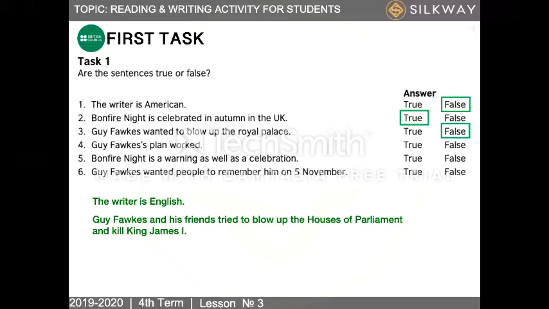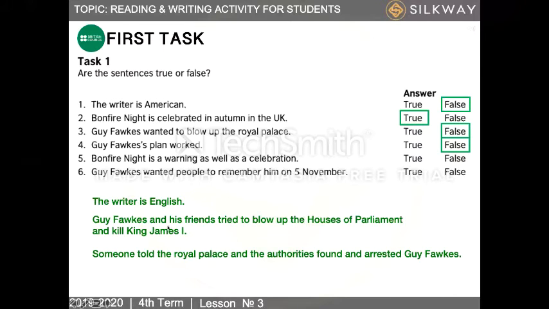Because Guy Fawkes and his friends tried to blow up the House of Parliament and kill King James I. Number 4 is false. Guy Fawkes' plan worked. It didn't. Because someone told the royal palace and the authorities found and arrested Guy Fawkes.